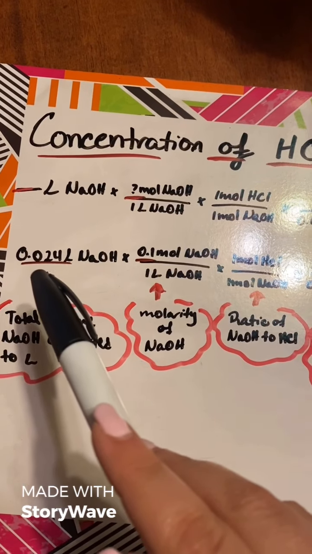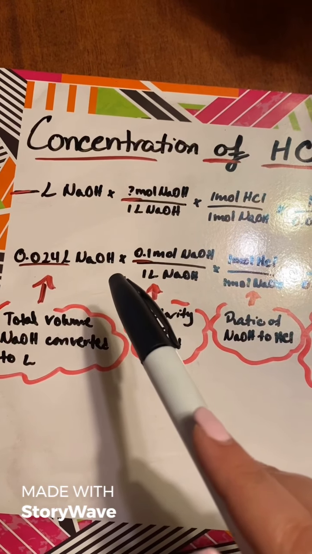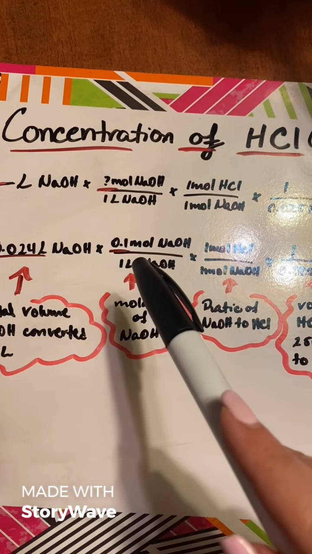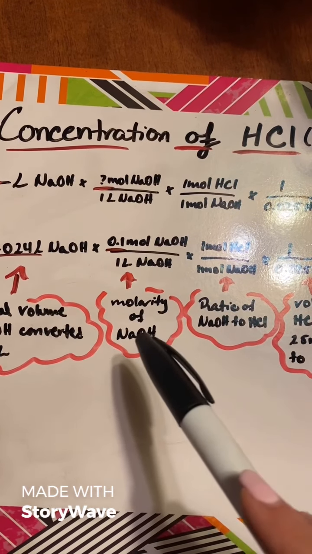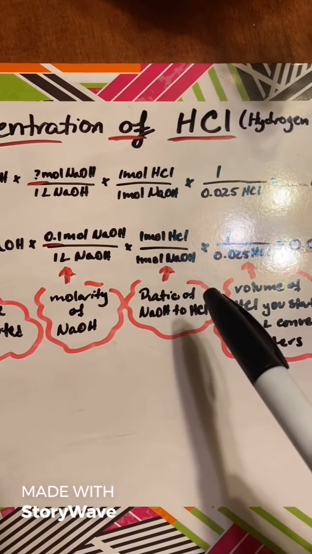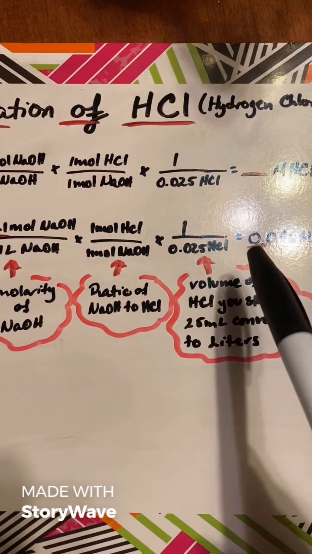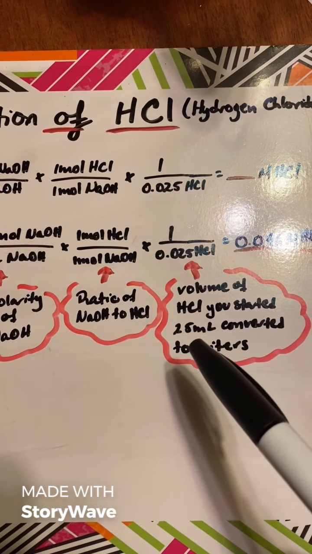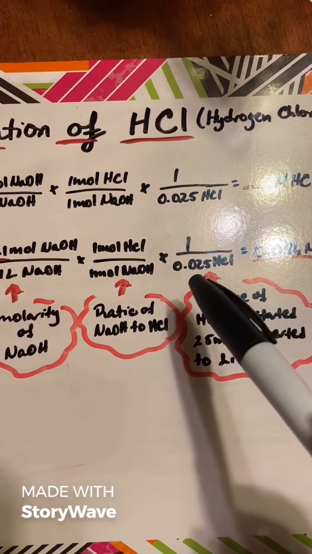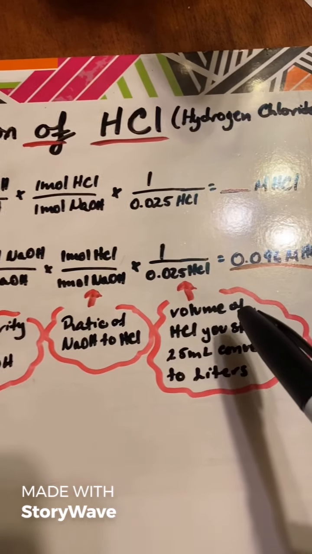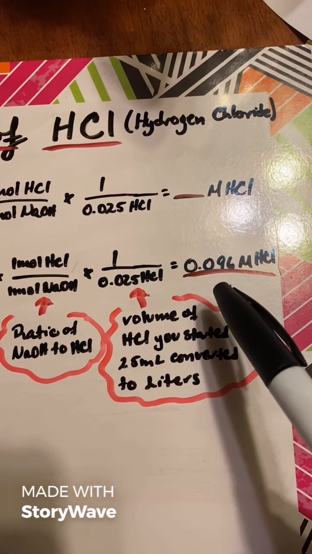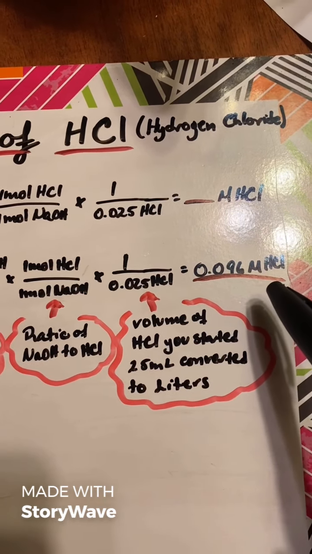So we have the 0.024 liters of sodium hydroxide times 0.1 moles of sodium hydroxide divided by 1 liter. We have here the ratio, and here is 1 over our 25 milliliters converted to liters, which is 0.025, and here this is our final concentration, that is 0.096 moles of hydrogen chloride.